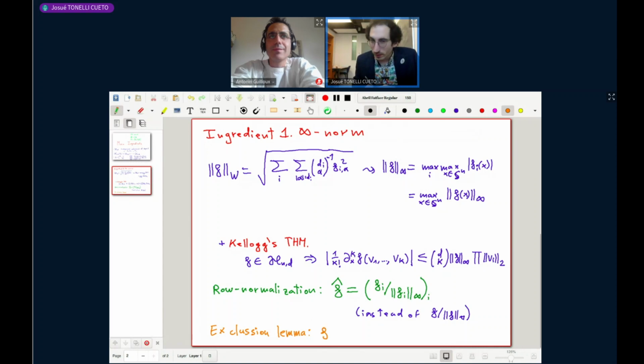So the exclusion lemma, the only thing that it will tell us is that if this guy has a very large norm, so in this case, let me put it this way, if this guy here is larger than R, then the zero set of this guy intersecting with the ball is void.